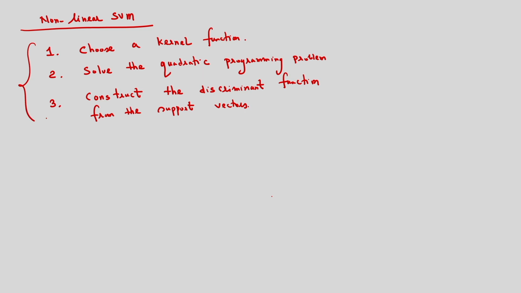These are the steps of the support vector machine, and the kernel we generally consider is the Gaussian kernel or the radial basis function.